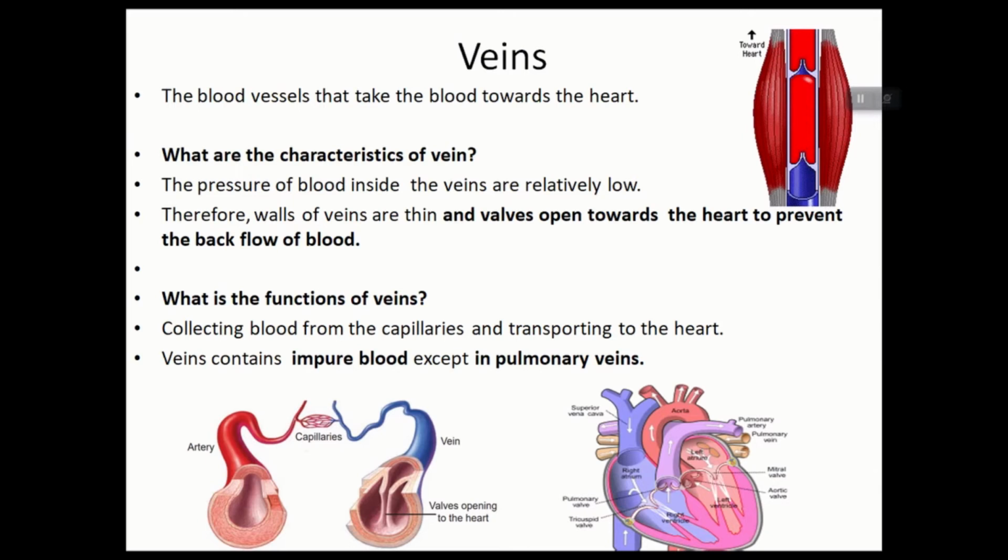What are the characteristics of veins? The pressure of blood inside the veins is relatively low compared with arteries. Therefore, walls of veins are thin. Walls of the veins are thin.